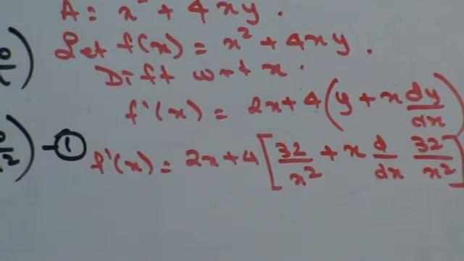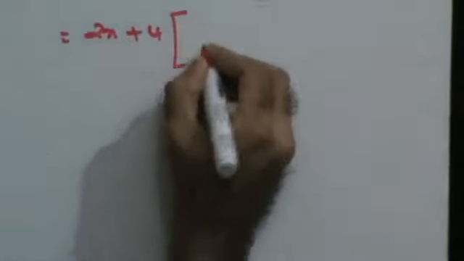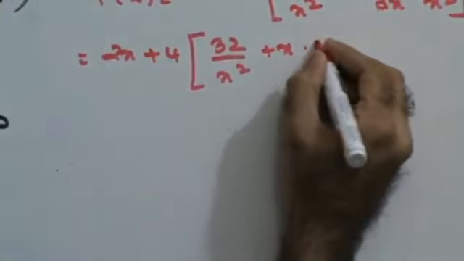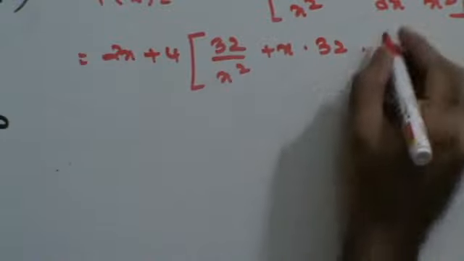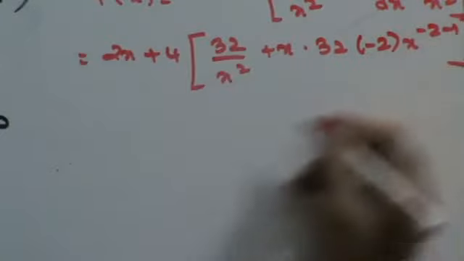This can be written as 2x plus 4 into 32 upon x square plus x times 32 as it is, d by dx of x raised to minus 2. D by dx of x raised to n is n x raised to n minus 1.